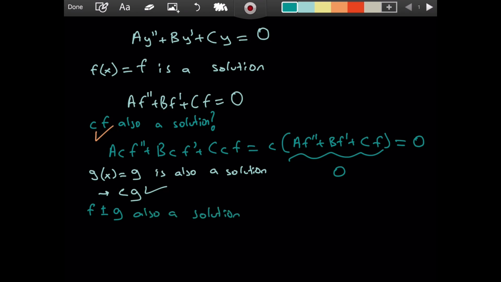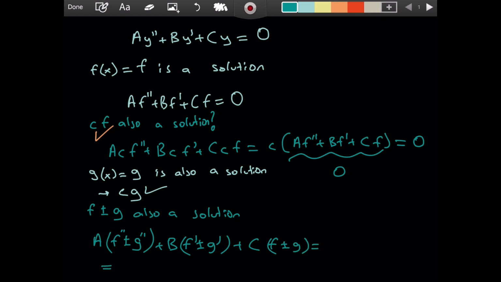Well, let's check it out. We will have a times, we have y double prime, so we will have f plus g, and we will take double prime, right? How does that happen? Well, we can simply get rid of the parentheses and take the derivative of each separately, twice of course, so we get this, plus b f prime plus or minus g prime plus c f plus or minus g.